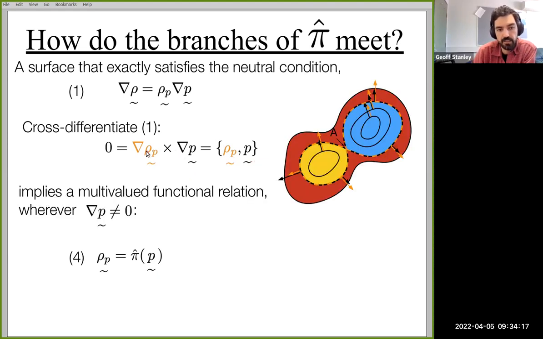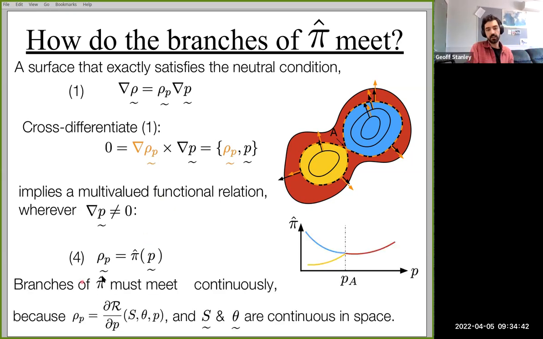It also says that the gradient of compressibility is parallel to the gradient of pressure. So that is another way to deduce that there's a multi-valued functional relationship between compressibility and pressure, at least wherever grad p is not equal to 0. Because if grad p is 0, you see, this equation is satisfied regardless of what value for grad compressibility there is.